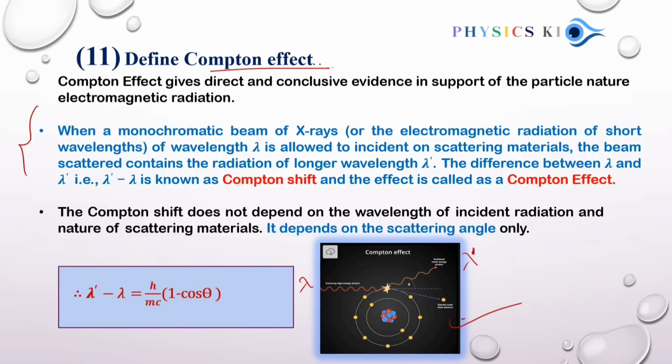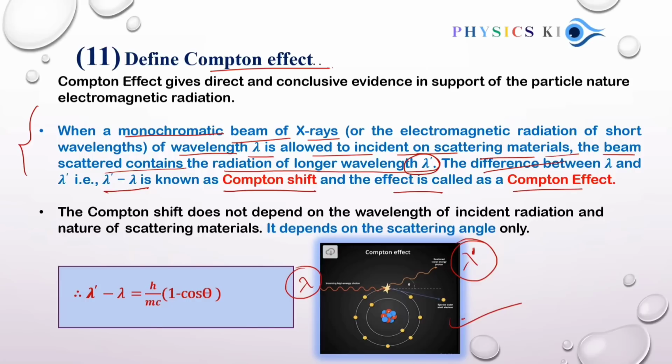When a monochromatic beam of X-rays of wavelength lambda is allowed to be incident on a scattering material, the scattered beam contains radiation of longer wavelength. Lambda dash is the longer wavelength and lambda is the shorter. The difference lambda dash minus lambda is the Compton shift, and the effect is the Compton effect.